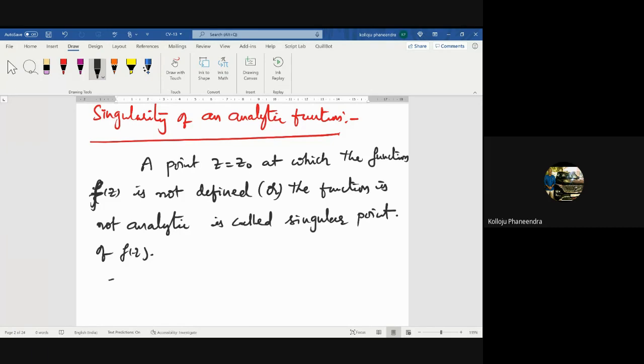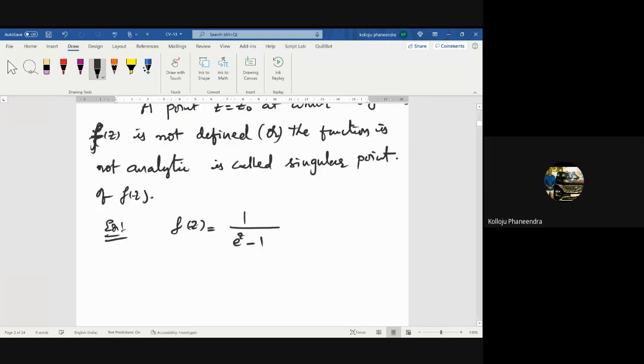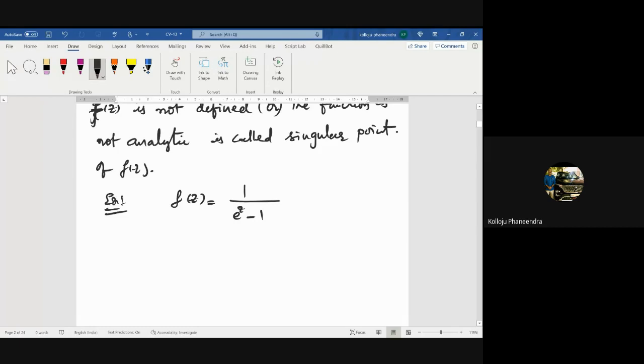For example, just for an idea, yesterday we did this problem: f of z equals 1 by (e power z minus 1). f of z has singularities.